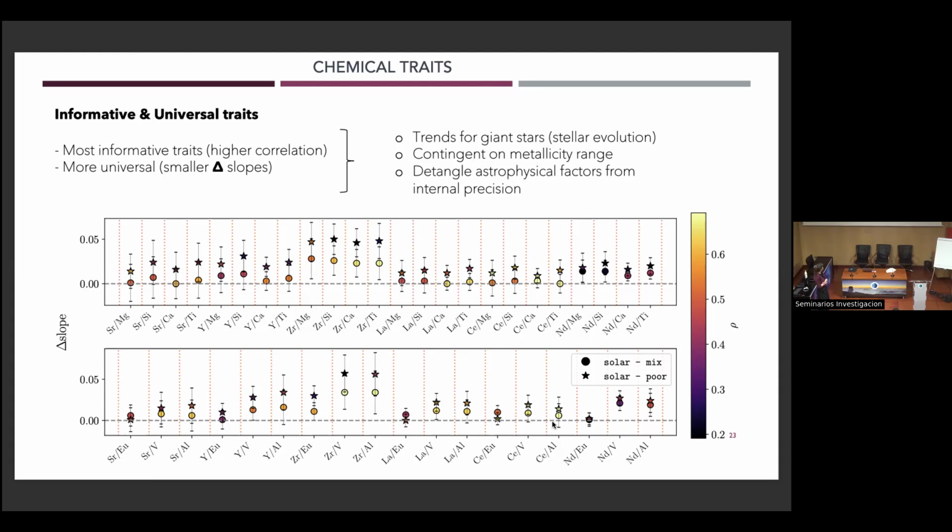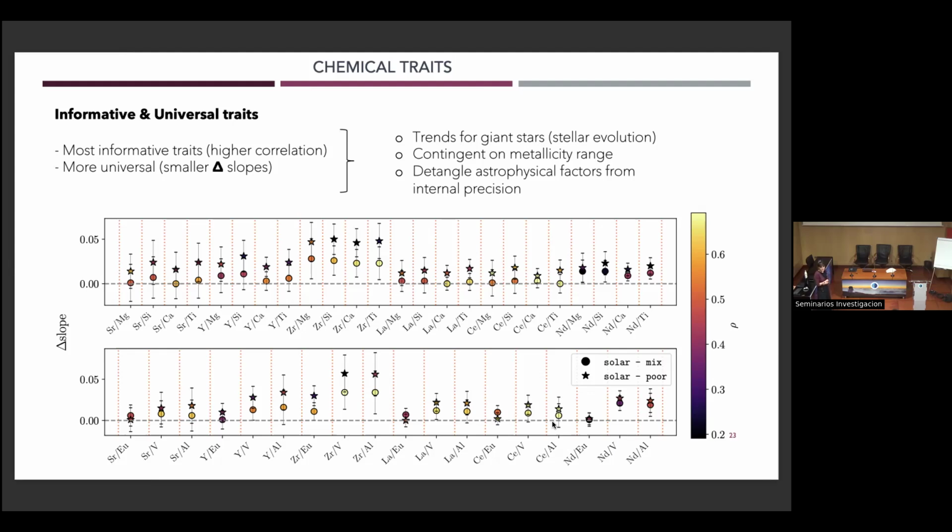So we can see that even if some ratios, for example the ones with zirconium, show a stronger correlation with time, they are also some of the ratios that change more with metallicity, so they show the higher delta slope. Meaning that if we look at a specific bin of metallicity, or a specific metallicity range, these chemical abundance ratios can be very informative, but they can also be at the same time very dependent on metallicity.